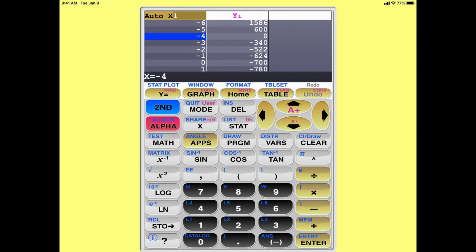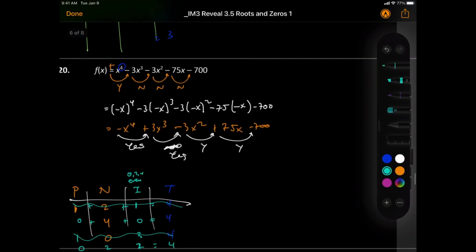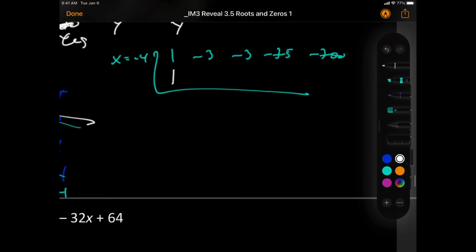X equals -4. 1, -3, -3, -75, and -700. Multiply, bring down, or add 28, add down, -100, -175.